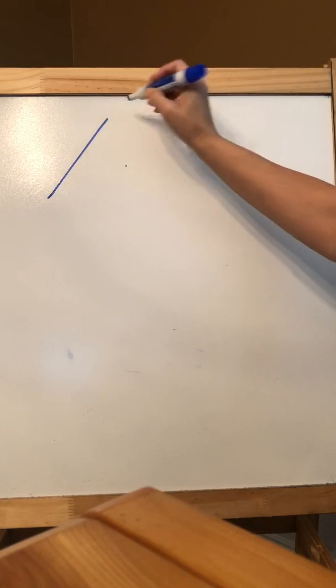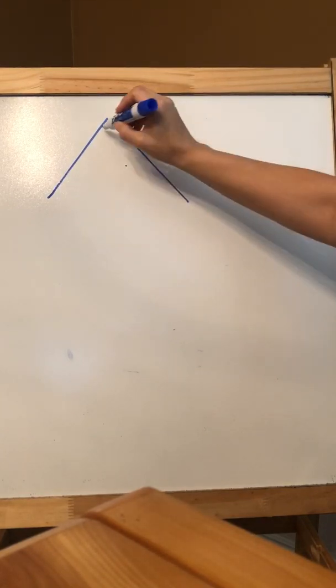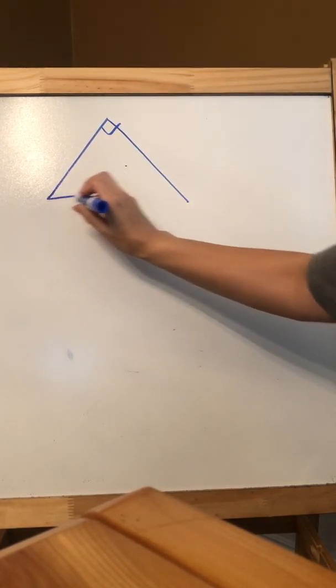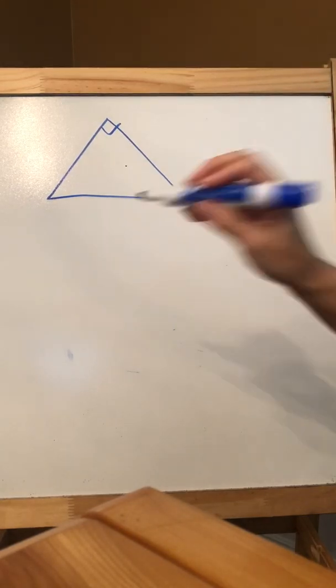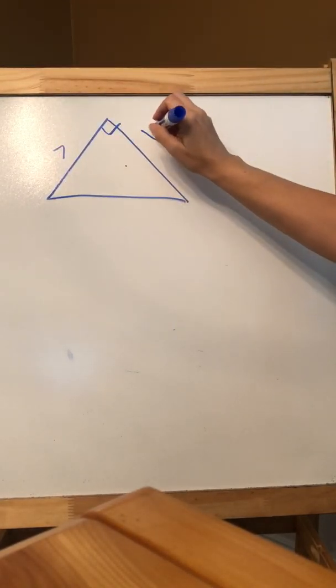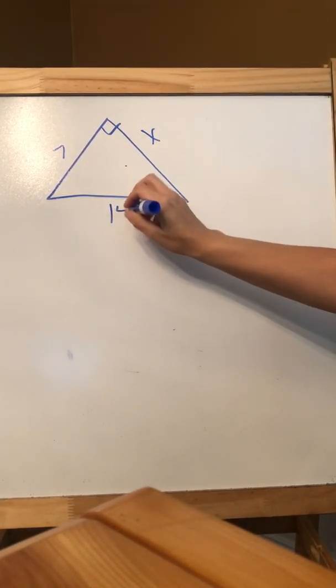Okay, so what if you have one that looks like this. Here's your right angle. And this is 7, and this is x, and this is 14.